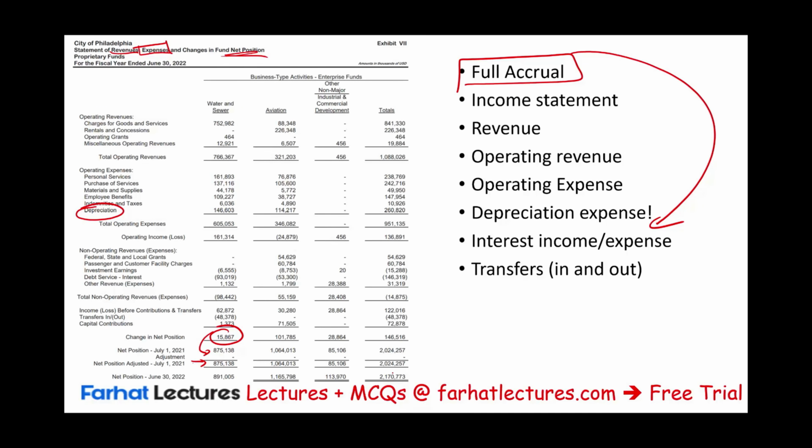Ending net position is this for the whole fund. So we have the total change, then we have the beginning, then we made an adjustment, and the ending net position is $2,170,773. So this is the net position for what? For the enterprise fund.